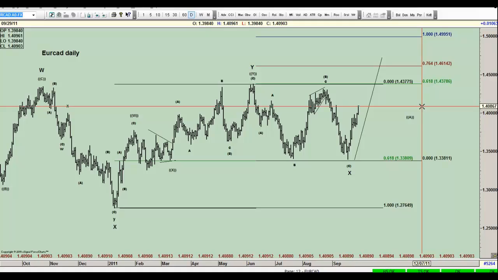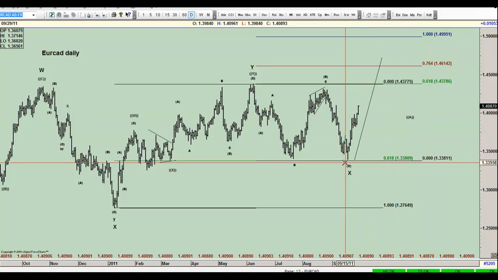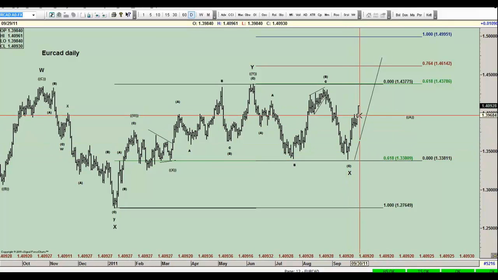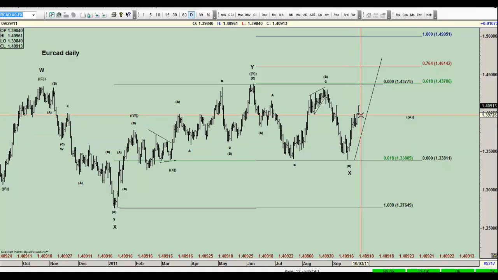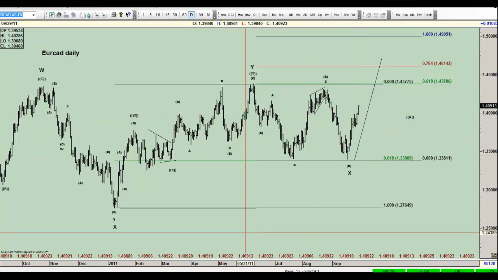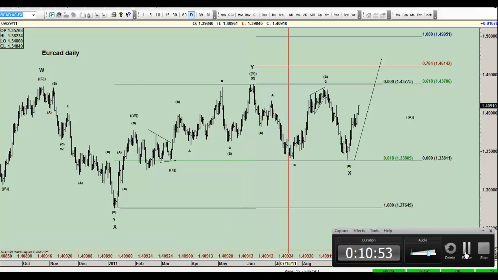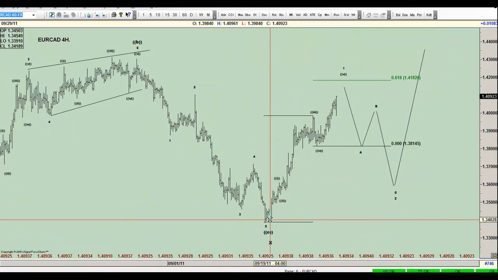Now, very interesting is this part right here. This is a 5-wave move ending on the EuroCAD. That's a 5-wave move right there ending on the EuroCAD. Now, if we take a look at that chart in the 4-hour, we're gonna notice this. Okay, this is the 4-hour chart on the EuroCAD.